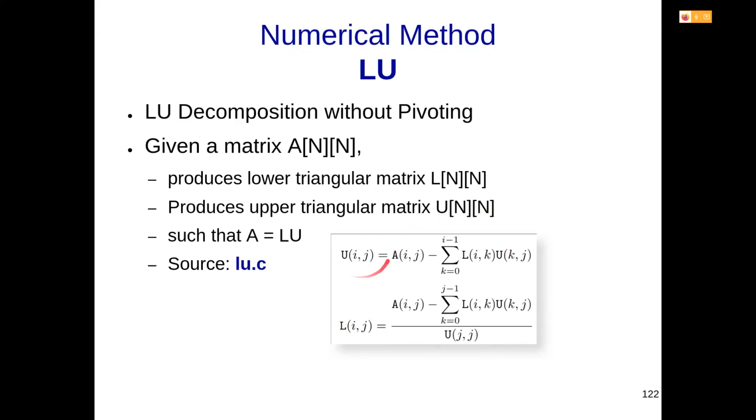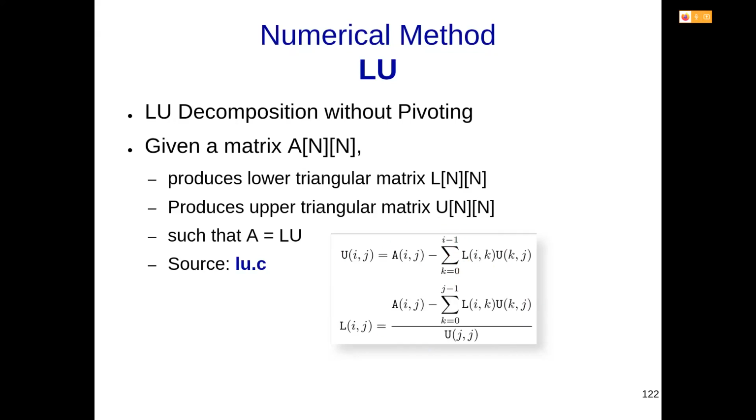So an element of this matrix U, which is ij, is obtained as aij minus the summation of k equal to 0 to i minus 1 of L of ik and U of kj. Right? So this ij is dependent on the previous values of U itself and also the lower triangular matrix.